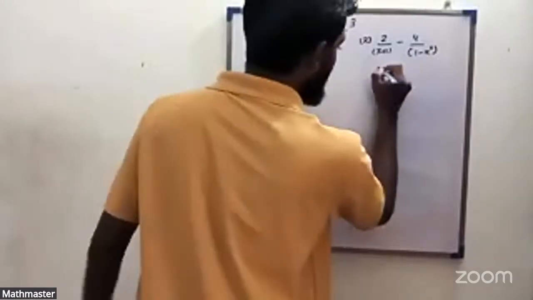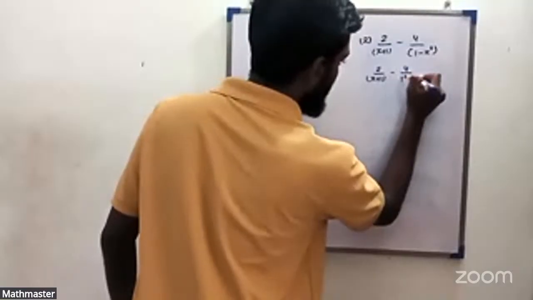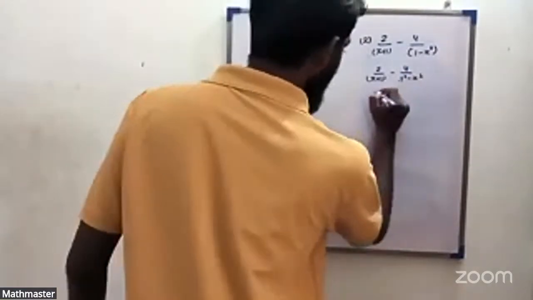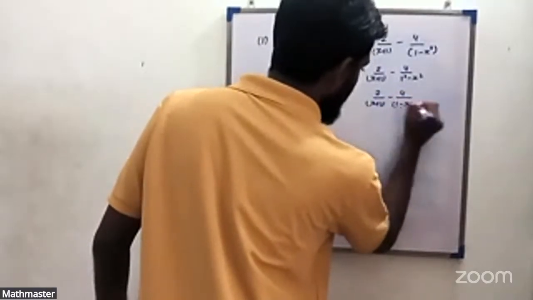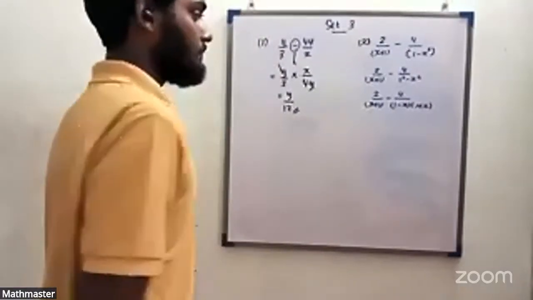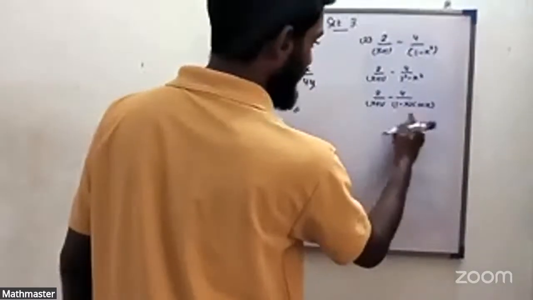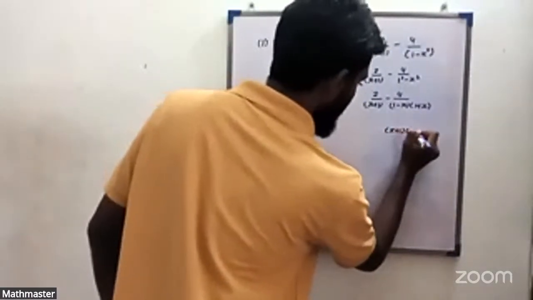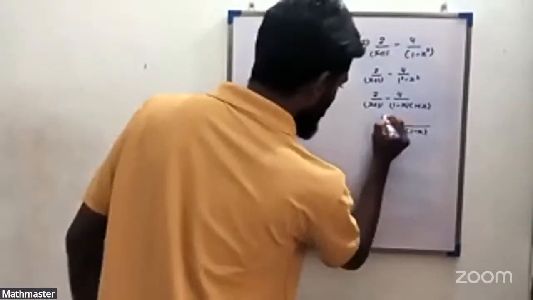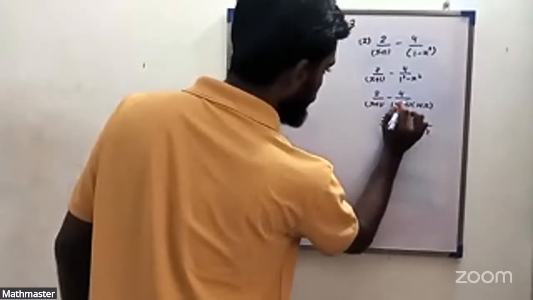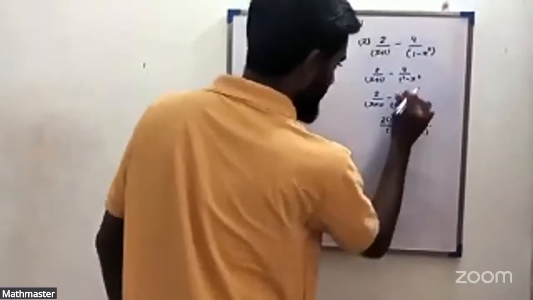Now it's correct. 2 over x plus 1 minus 4 over, this can be taken as 1 squared minus x squared. So this is the difference of squares. Minus 4 over 1 minus x, 1 plus x. Here you have x plus 1 and 1 plus x, both the same. So you take x plus 1 and 1 minus x as the LCM. Here you have 2 and you already have x plus 1, but you don't have 1 minus x, so you multiply that by 1 minus x, and minus 4. 4 has both of these.